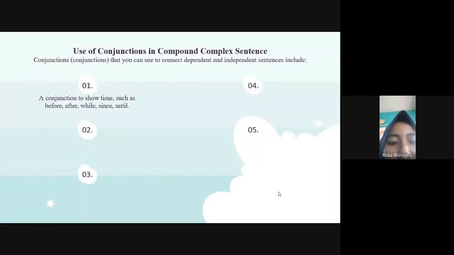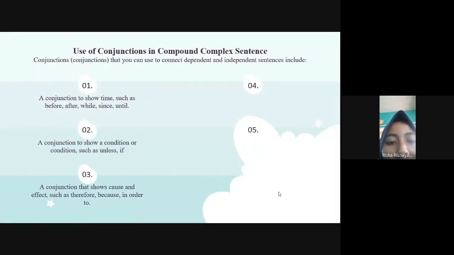And next, use of conjunction in compound complex sentence. Conjunctions that you can use to connect dependent and independent sentence include: the first one is a conjunction to show time, such as before, after, while, since, and until. And the second one, a conjunction to show a condition, such as unless and if.